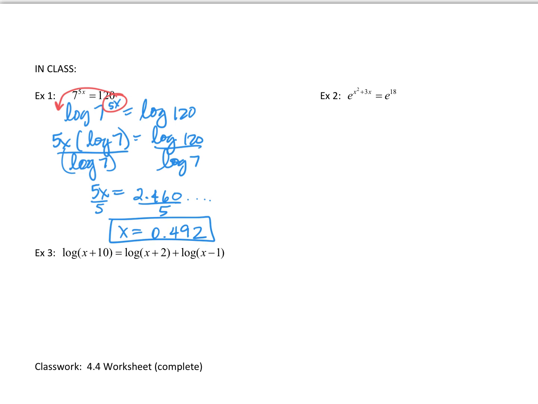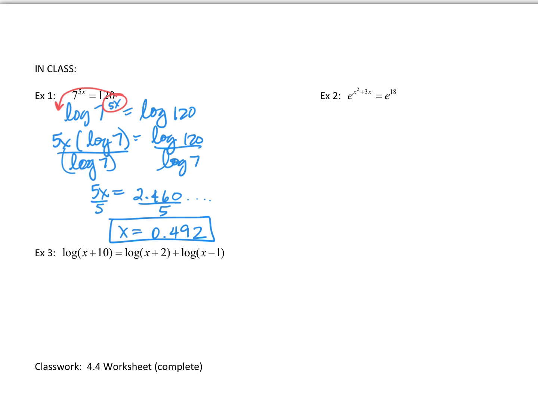All right. Number 2, totally different question. X is in the exponent, but what do you notice about this one? There's an x squared. And both sides of the equal sign are e to something, aren't they? We have that property that says if the bases are the same on each side, what happens to them?